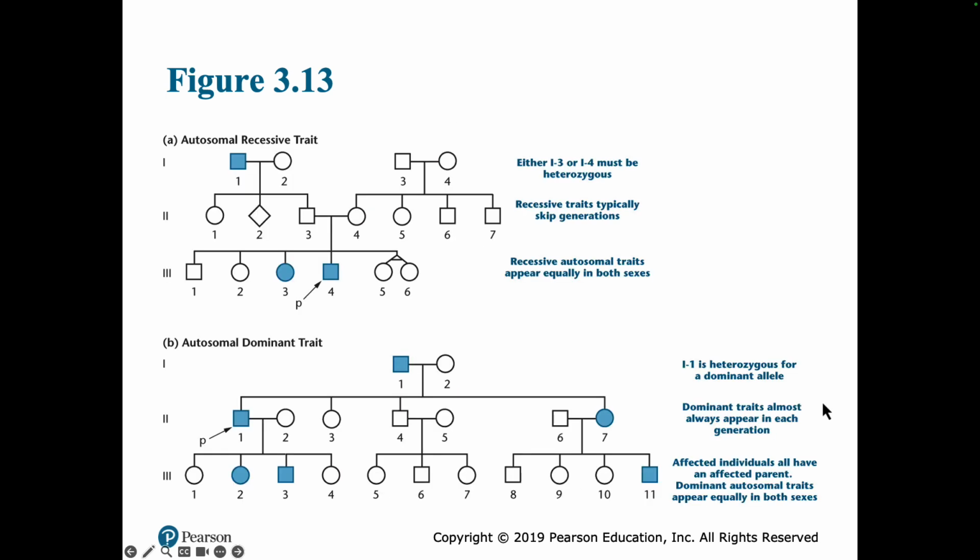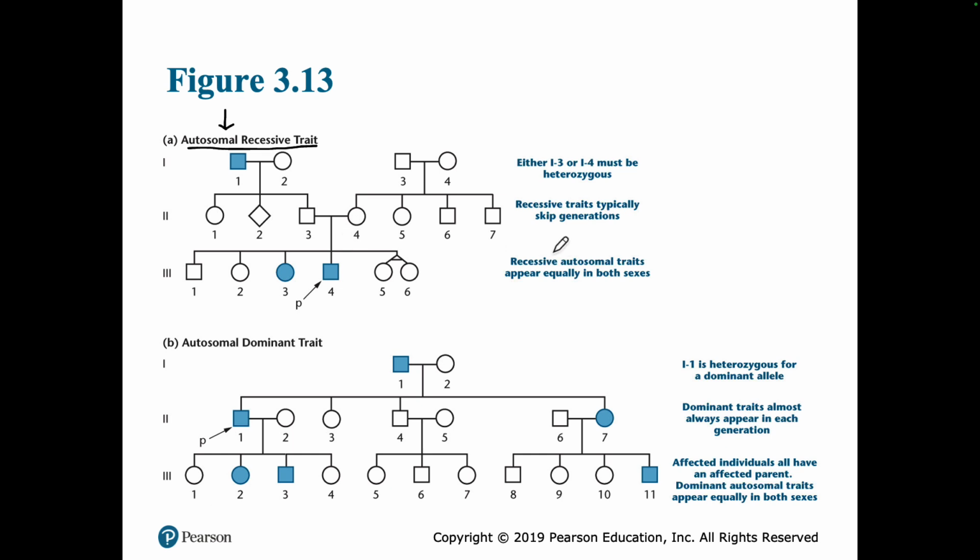So to actually look at a pedigree, what we're looking at in the top is a pedigree for a family that is afflicted with an autosomal recessive trait. So remember, autosomal means non-sex chromosome.